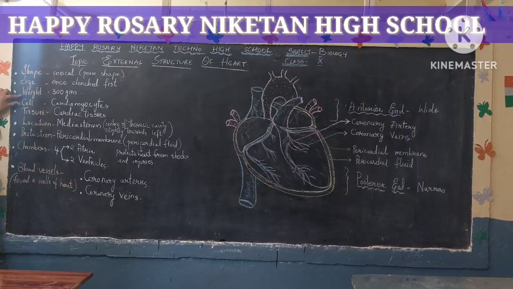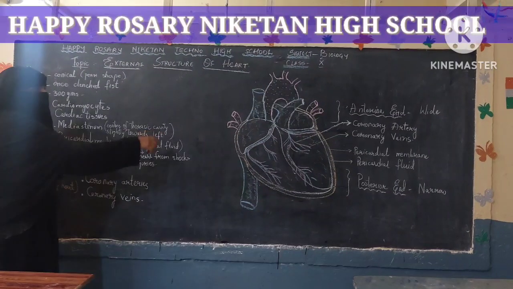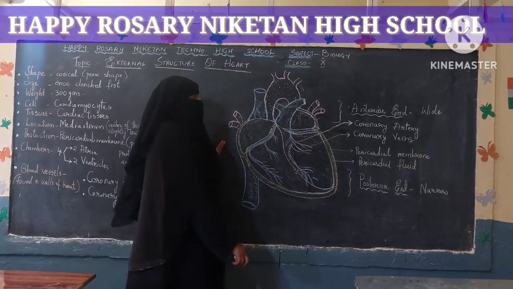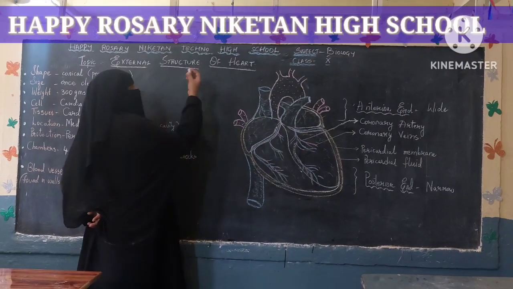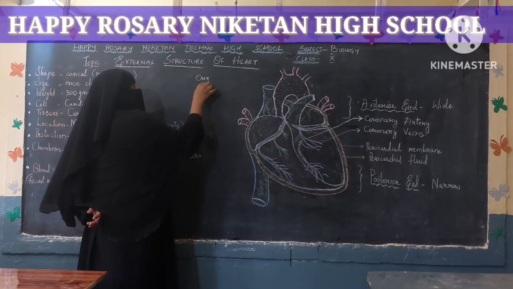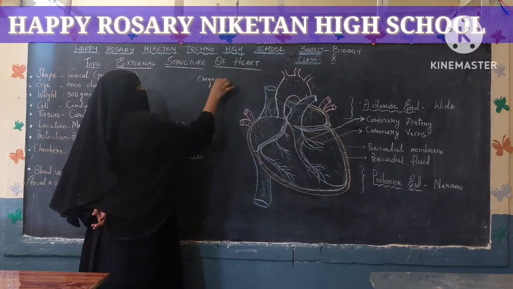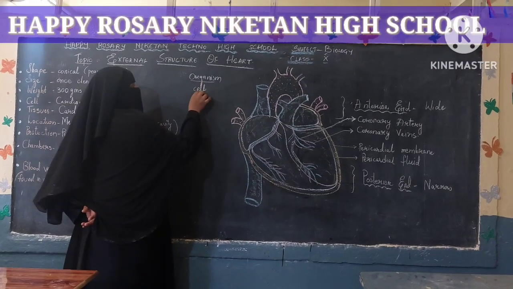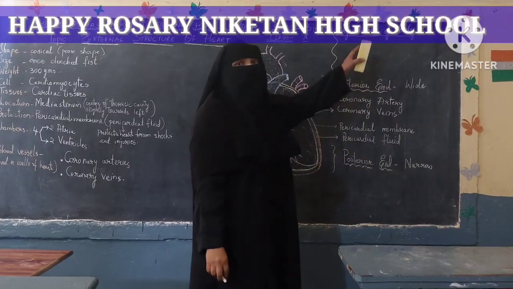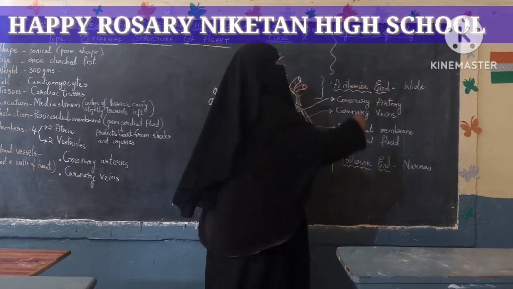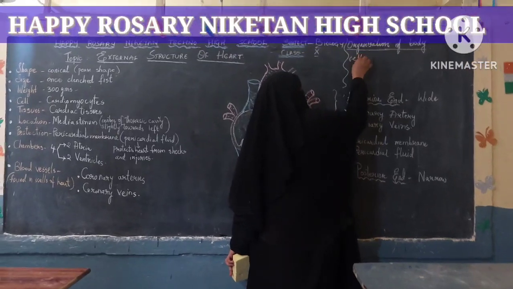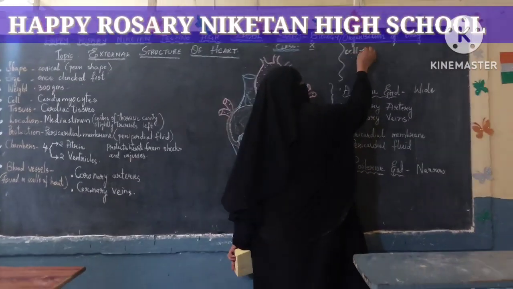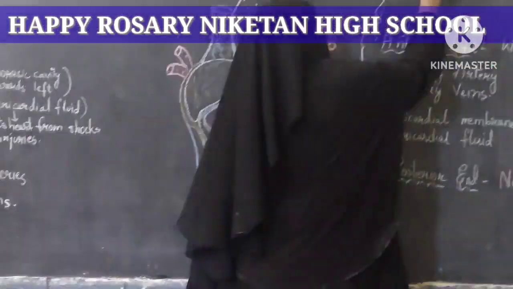The cells of the heart. As we all know, the heart is an organ. If you talk about the structural organization of the body, every organism is made up of cells. The cells combine to form tissues.